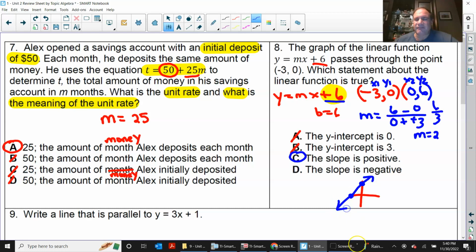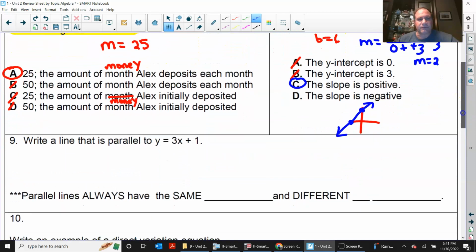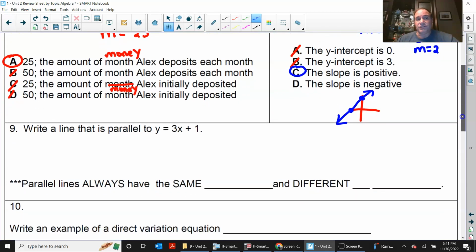Is that positive or negative, that line? So you don't really have to go through the slope formula if you don't want. It's positive. You could sketch the graph and figure out if it's positive or negative. After knowing the y-intercept is not 0, not 3, you could just sketch it.